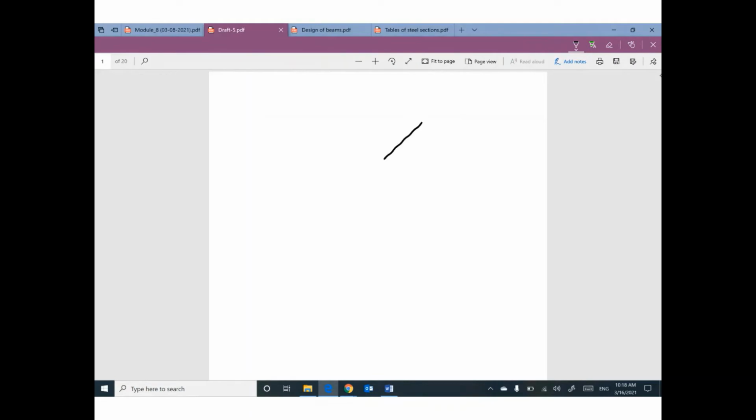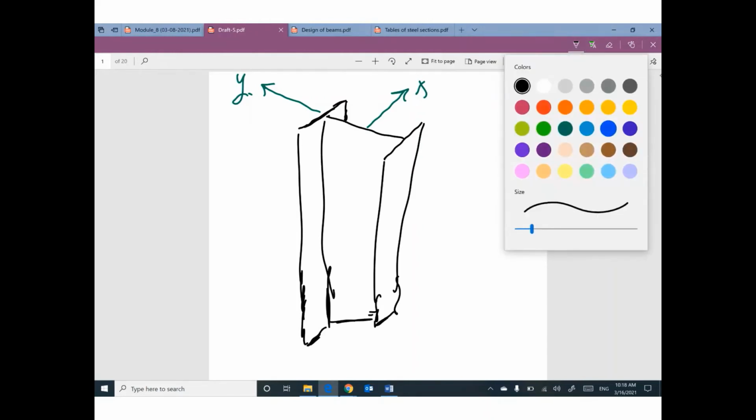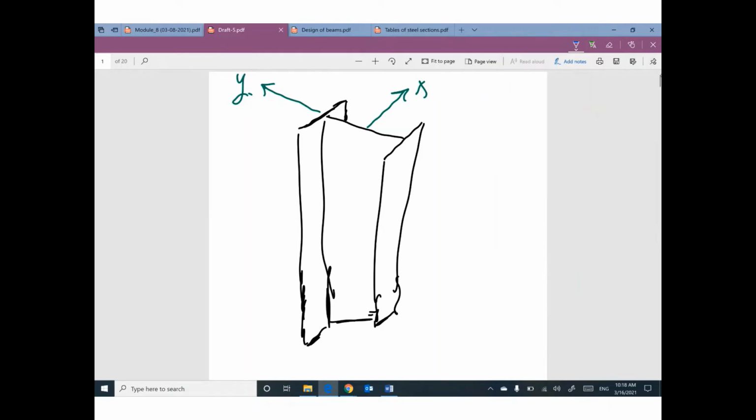Sometimes the column looks like this. Here is the x-axis and here is the y-axis. Let me complete this column here. Sometimes this column is connected by another beam here.